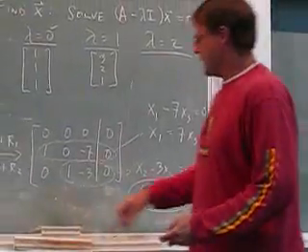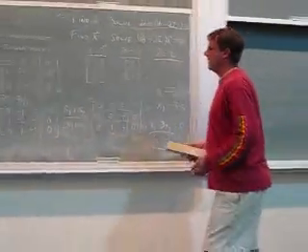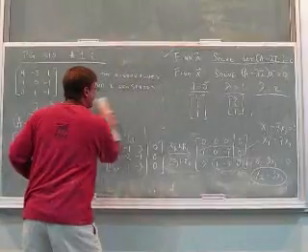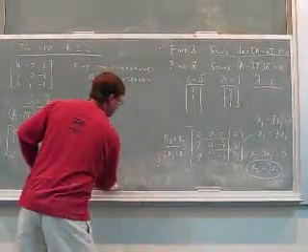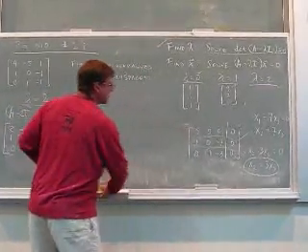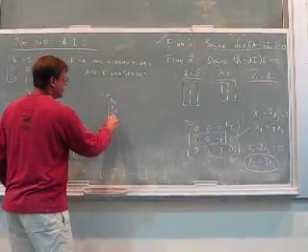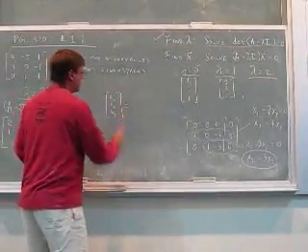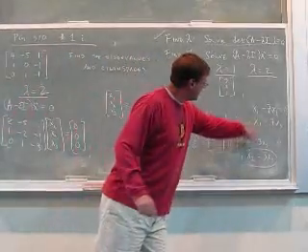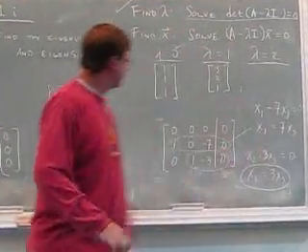Okay, so let's look back at what we have. The vector I was interested in, x1, x2, x3, we were able to get each of these in terms of x3.